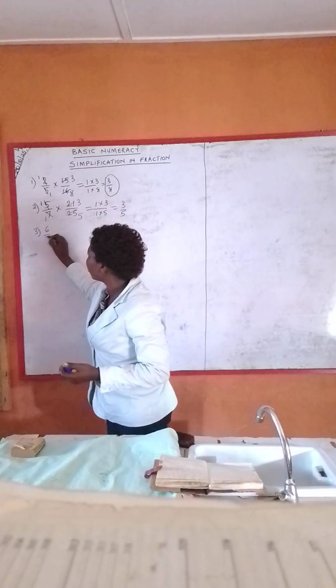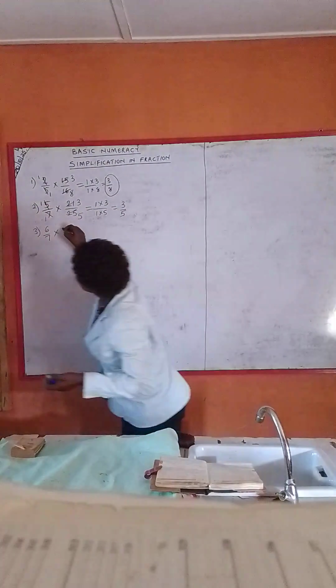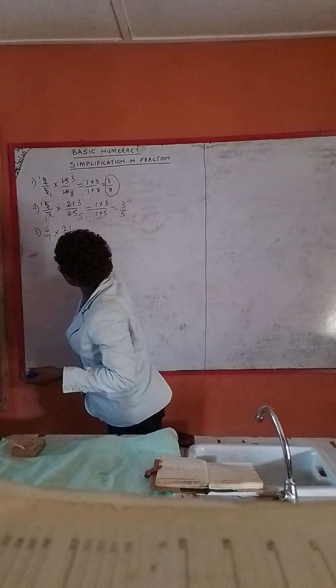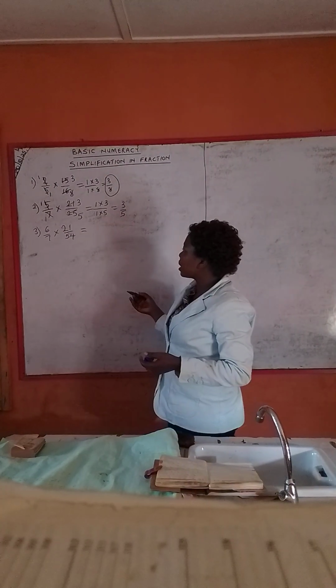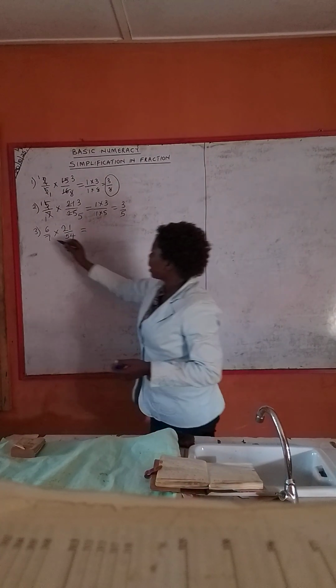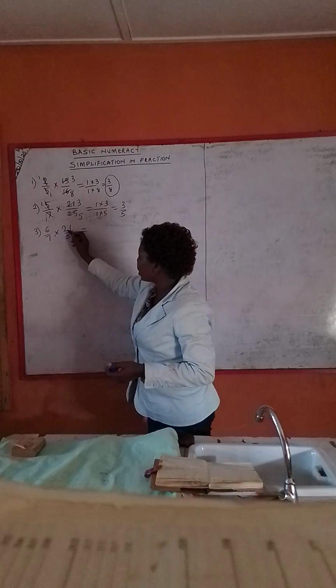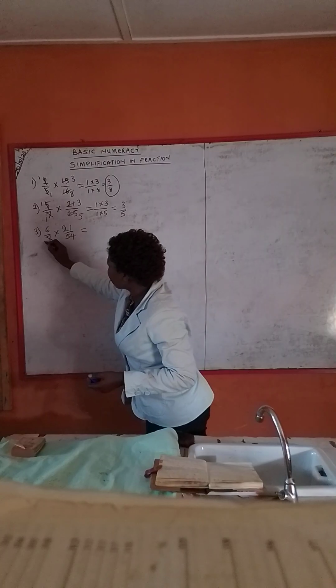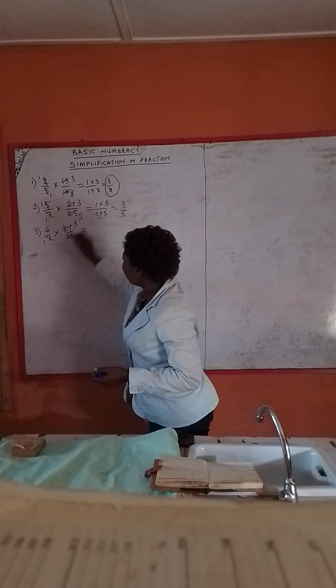6 over 7 multiplied by 21 over 54. Let's just pick this at random and see what our answer is going to look like. 7 can divide 21, so you allow 7 to cut out 21 to 3.